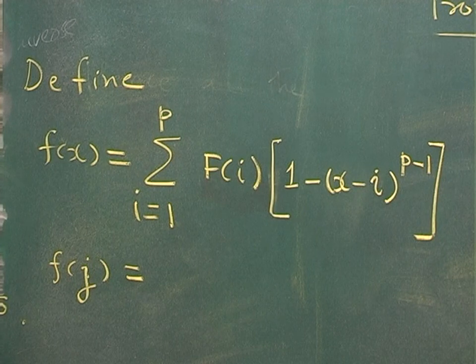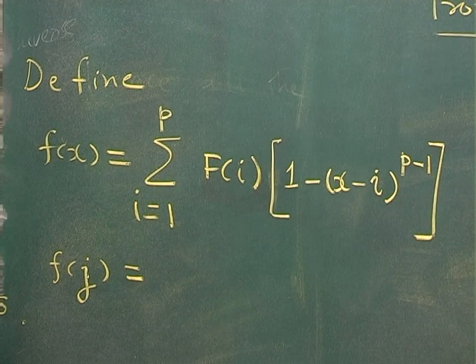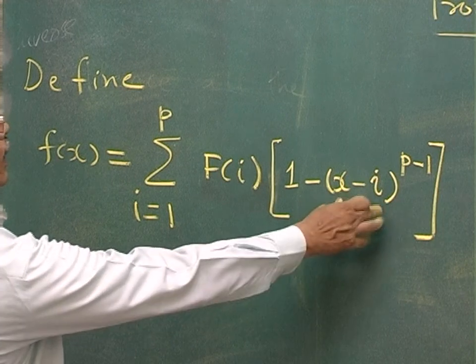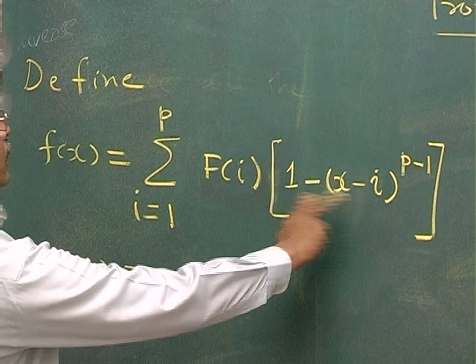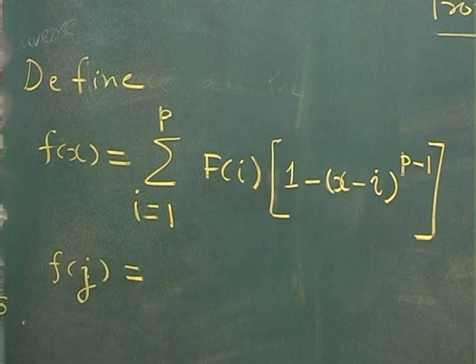So i equal to j, if you consider, then this will become 0, i minus i, and i is varying.